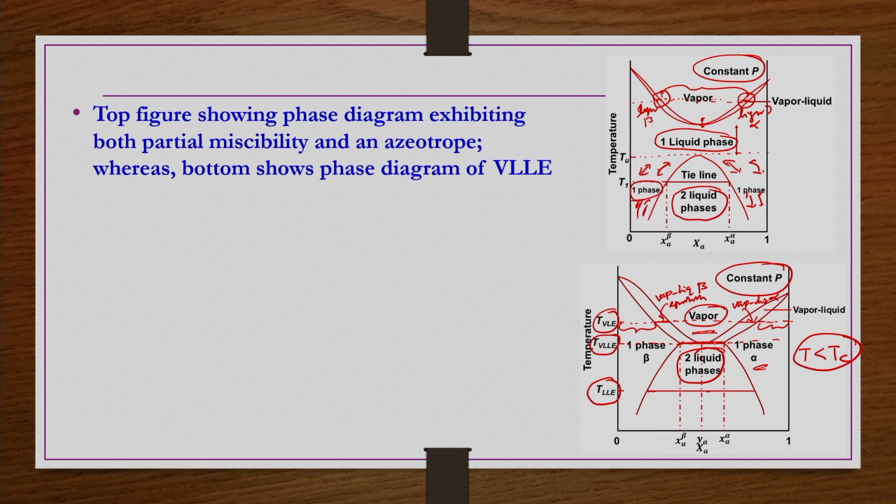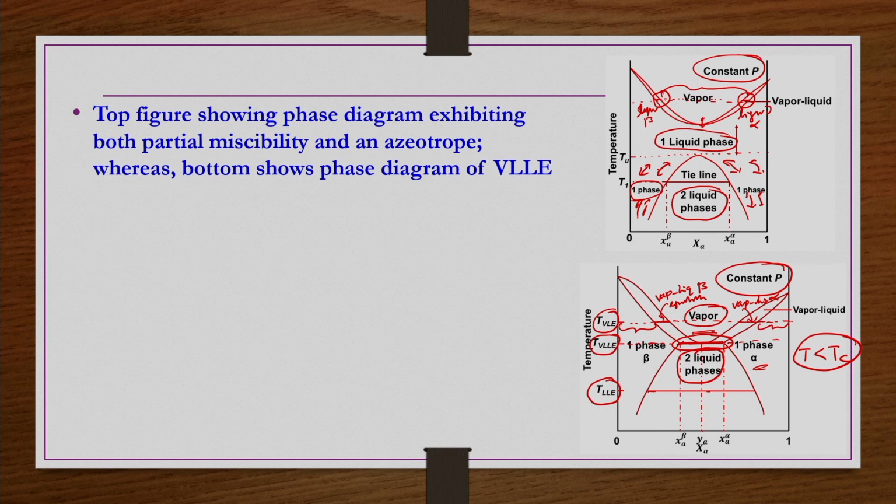So, this line is with the LLE, and this line also includes the vapor composition. It is also there for the vapor part. So, it is combinedly existing in this particular region at this temperature, VLLE.